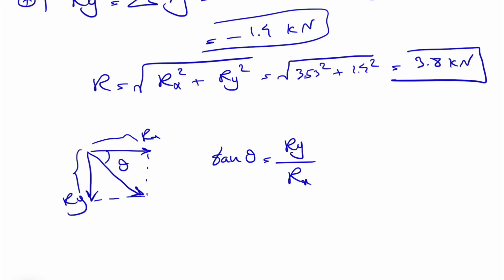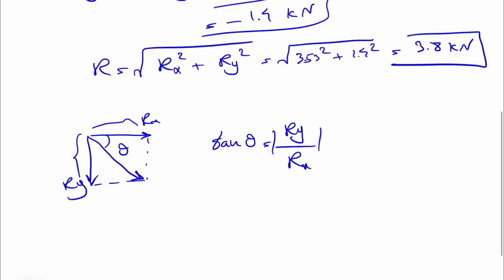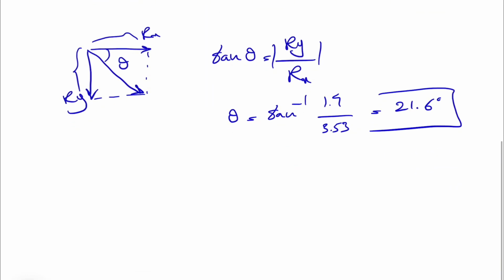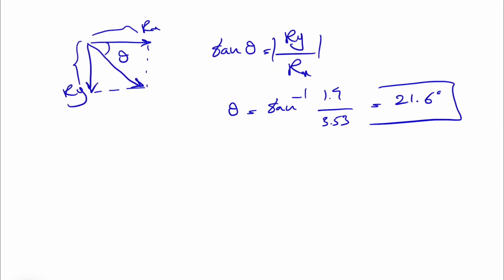We know our Ry is negative, but we just use the absolute value. So theta is the inverse tangent of 1.4 divided by the x component, 3.53, and the angle will be 21.6 degrees.